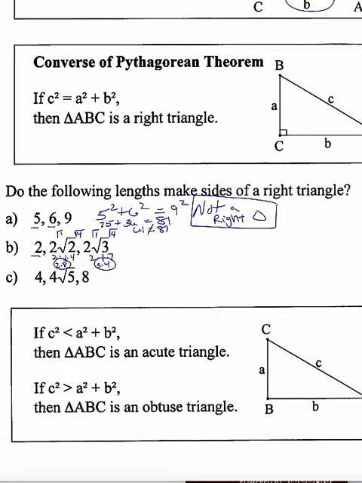The only reason I'm doing that is so I can see the value of the numbers. Now that I know which are the two smallest sides, 2 and 2 root 2, those are the numbers that I'm going to use in the Pythagorean theorem.